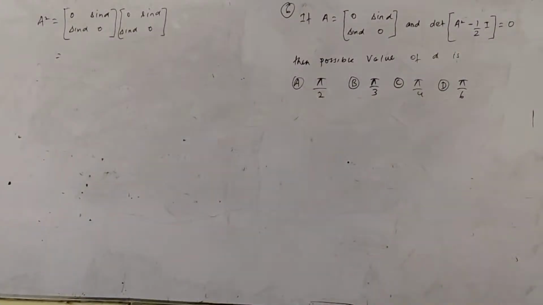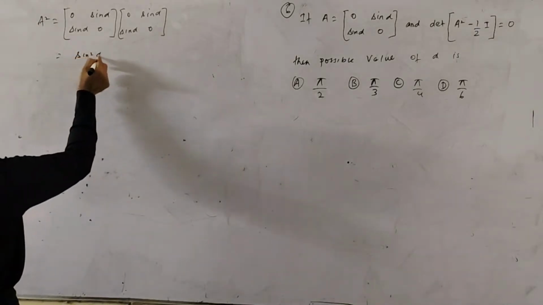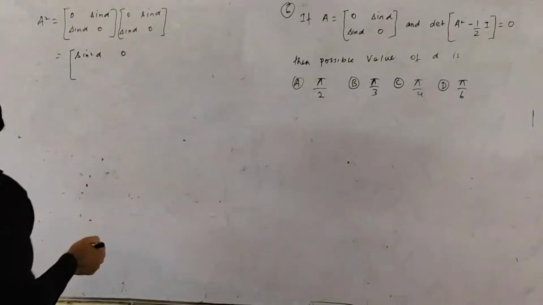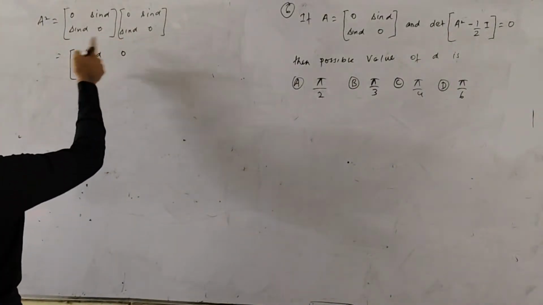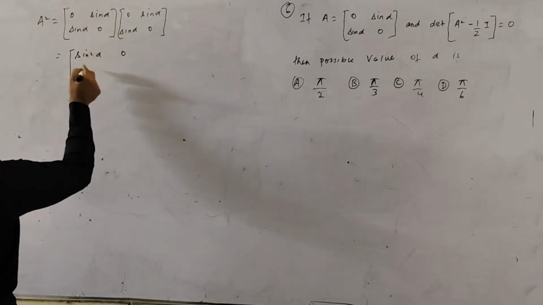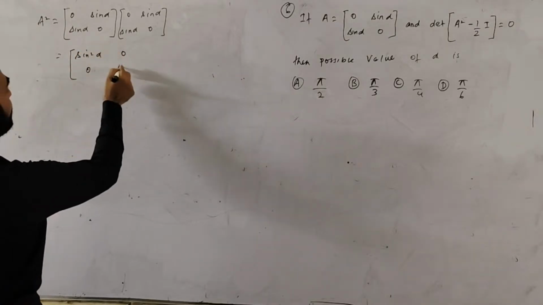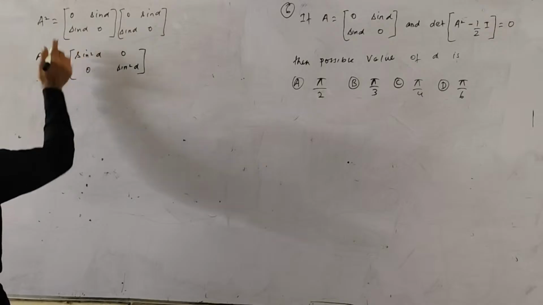First row, first column, this will be 0 plus sine square alpha. First row, second column, 0. Second row, first column, 0. And second row, second column, sine square alpha. So basically this comes out to be A square.